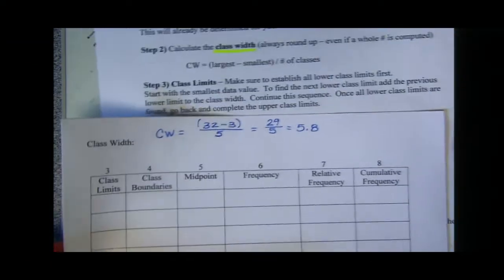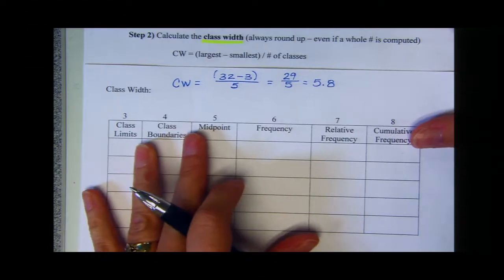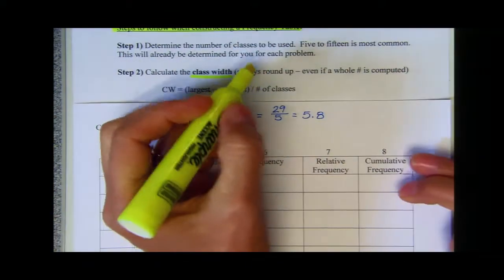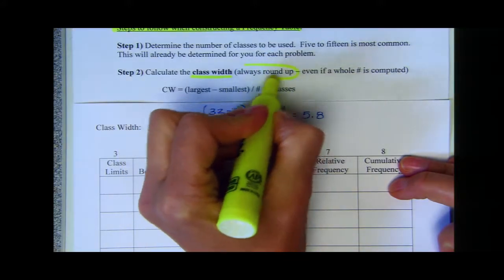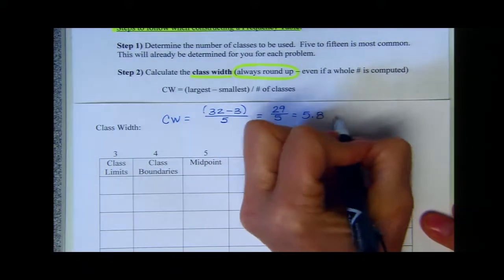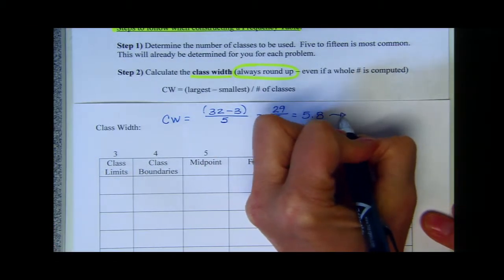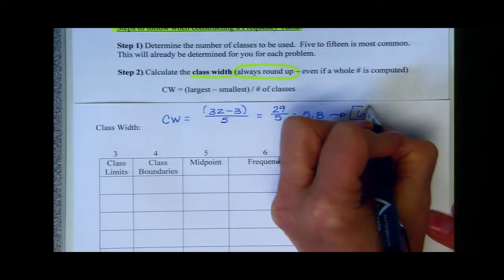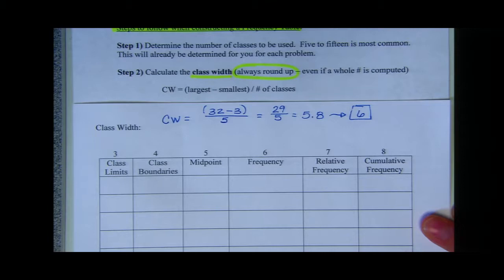I'm going to come back here to where there's additional information on class width. This throws some students. We do not use normal rounding rules. We always round up. Now for this particular example, since this would fall into normal rounding rules, my class width is 6, and that would be correct.